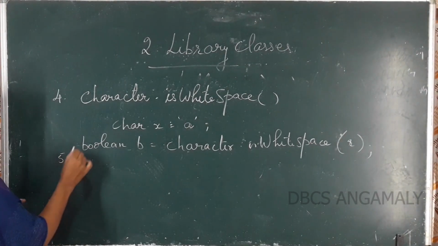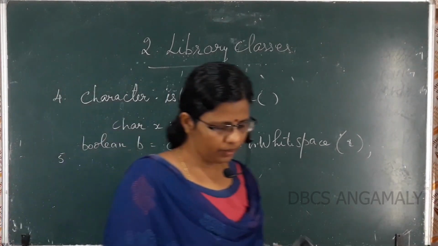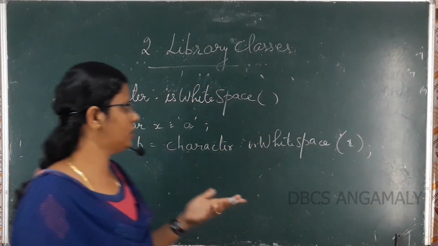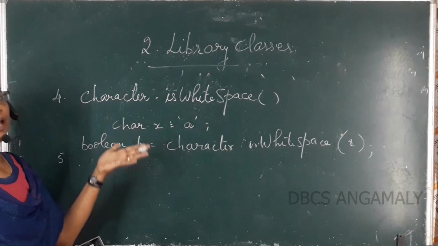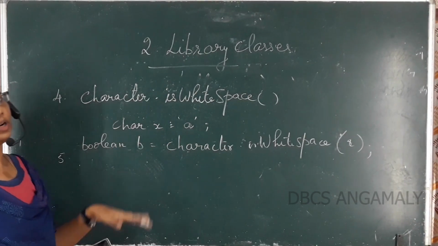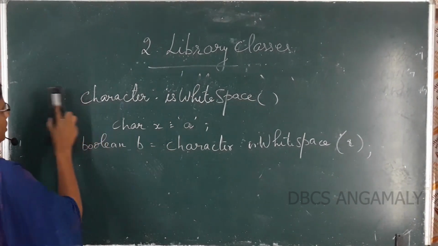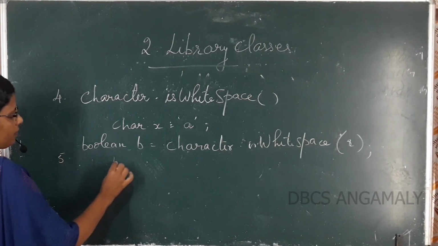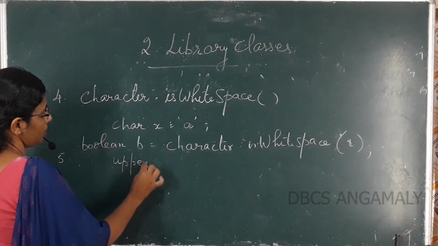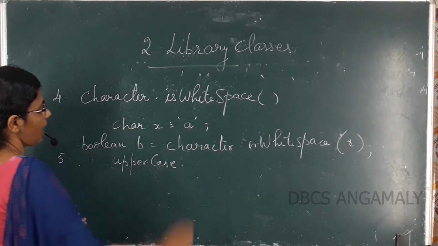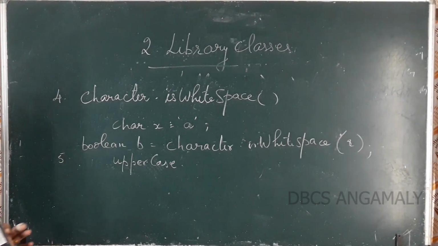Now the fifth function we are going to learn checks whether the character stored inside this data type is a capital letter or a small letter. We know in Java, for capital letters we use uppercase, and if it is a small letter we name it lowercase.